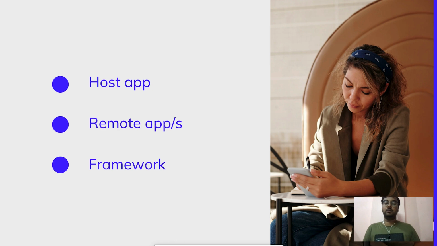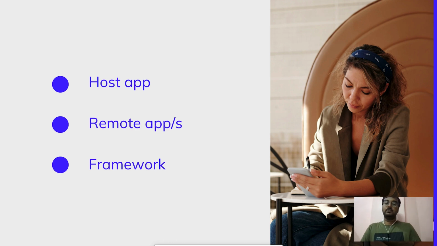So there will be certain remotes. The second is the remote app, which is a pluggable app that would be added into the host app. We can create multiple remote apps, plug them into a host application, and keep on developing.